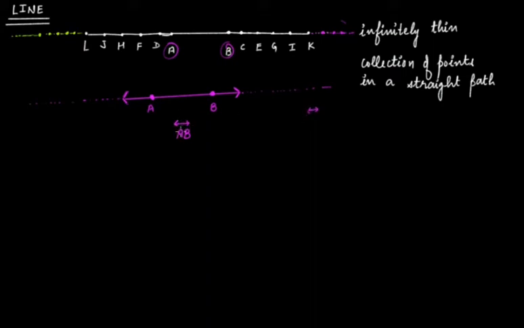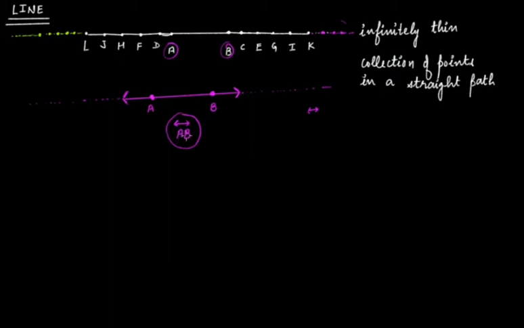These 2 points are not the endpoints, they are simply the collection of points using which you have drawn your line. So if someone asks you what this is, you will say that this is a line between 2 points A, B, and this is the representation of a line.